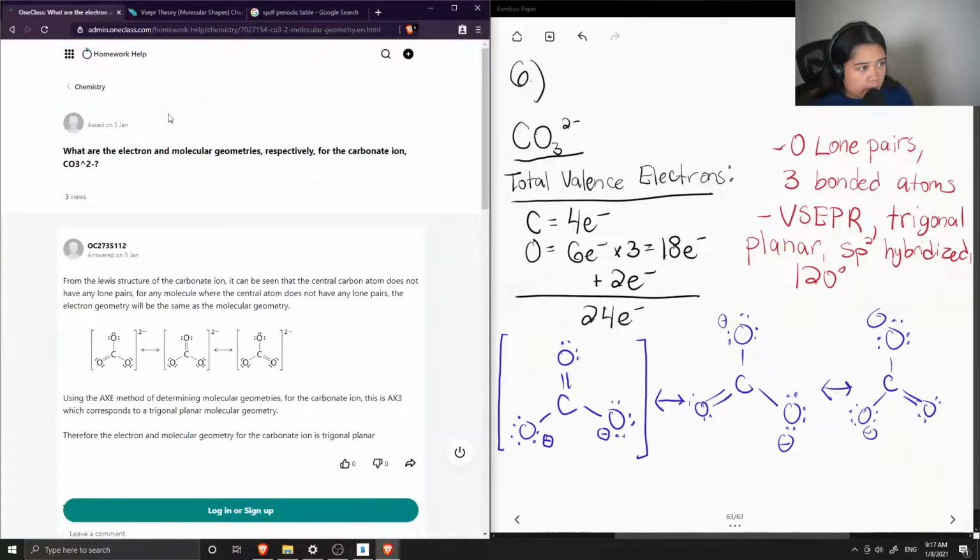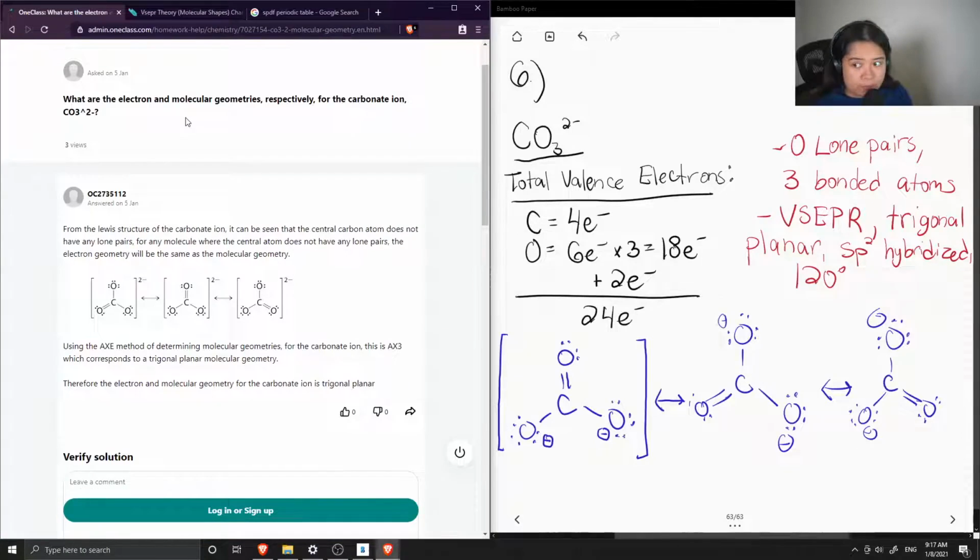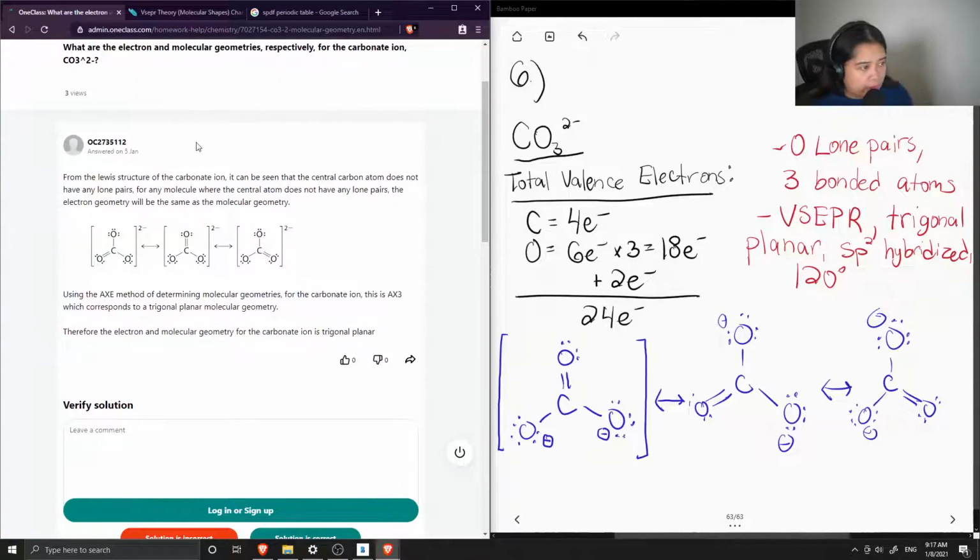Okay, so let's see what the junior tutor said. From the Lewis structure of the carbonate ion, it can be seen that the central carbon atom does not have any lone pairs. For any molecule where the central atom does not have any lone pairs, the electron geometry will be the same as the molecular geometry. Then they drew out all the Lewis structures.